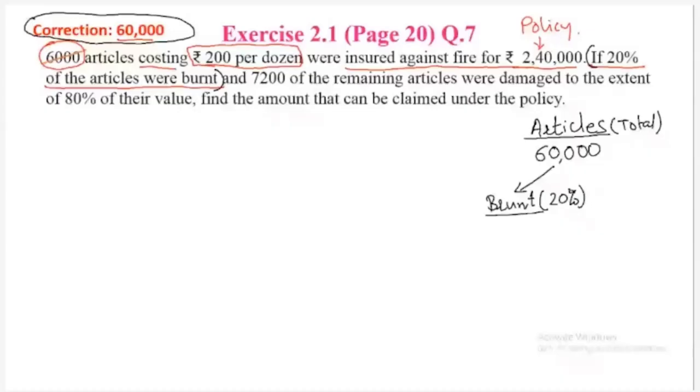When there is percent of something, yes, correct. Take 20% of 60,000. What do you need to do? 60,000 into 20 upon 100. The 0 and 0 got cancelled. 6,000 into 2, which is 12,000.